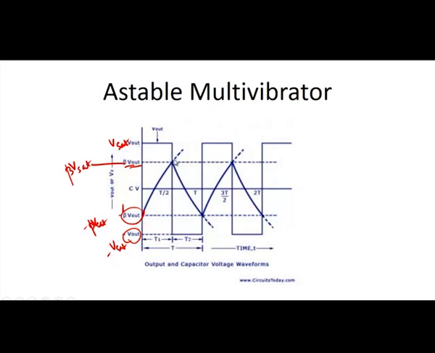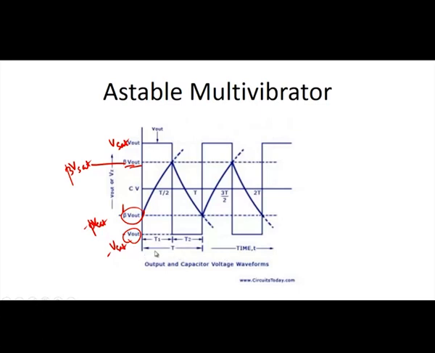The capacitor is charging and discharging between minus beta and plus beta V saturation. The output transitions between plus V saturation and minus V saturation. This is the output waveform of the astable multivibrator. This output has two states and neither is stable, because it transitions due to the charging and discharging of the capacitor.